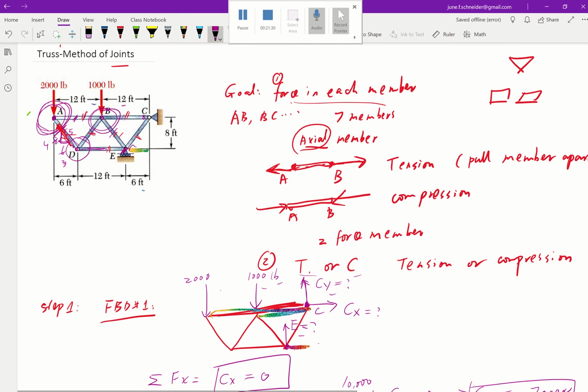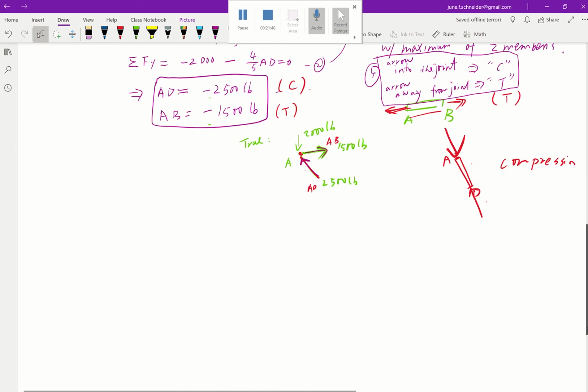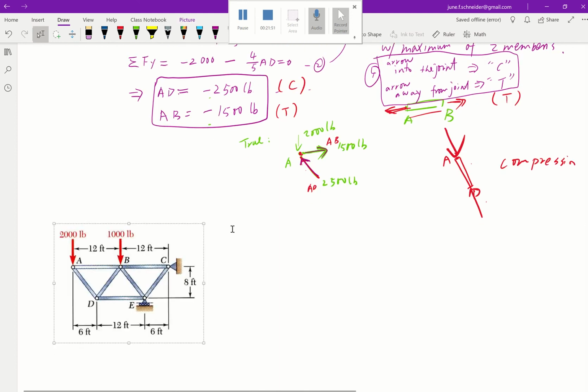So that's what we're going to do now. We're going to look at joint D, okay? I'm actually going to copy this down so you can see better. Periodically I will copy it down. Okay, I think that's better. So we're going to look at our FBD number 3, right?